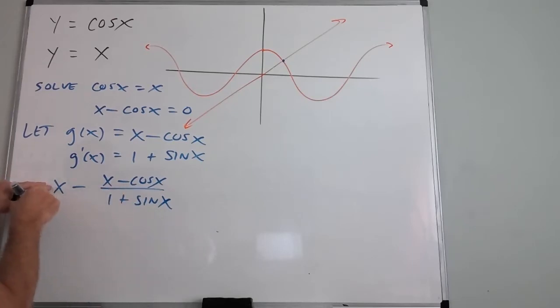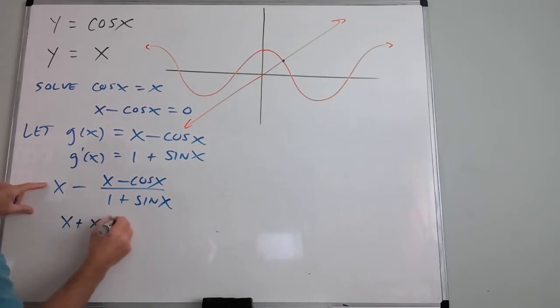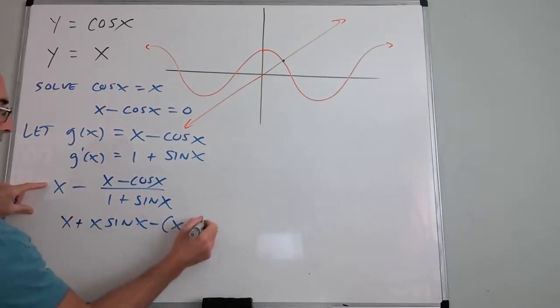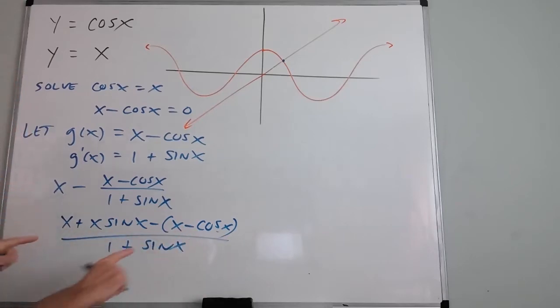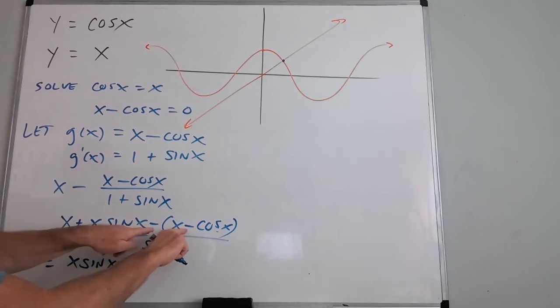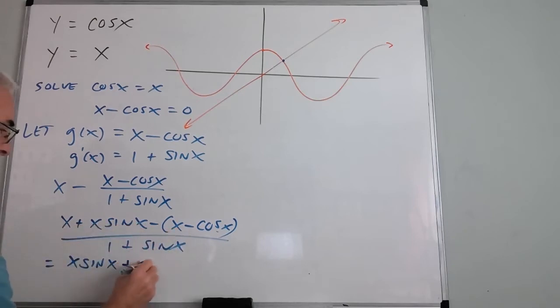So if I multiply top and bottom by 1 plus sine, I will get x plus x sine x minus x, and I think the x's will cancel, and I'm going to get x sine x plus cos x on top, 1 plus sine x on the bottom.